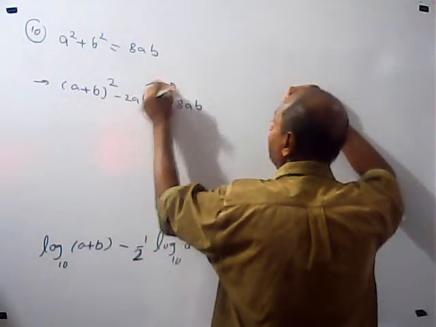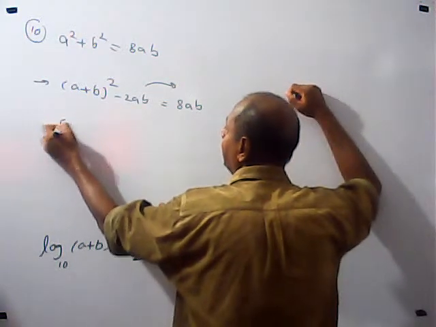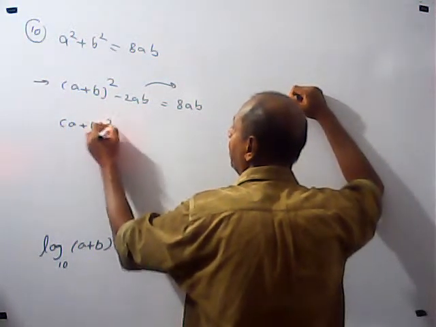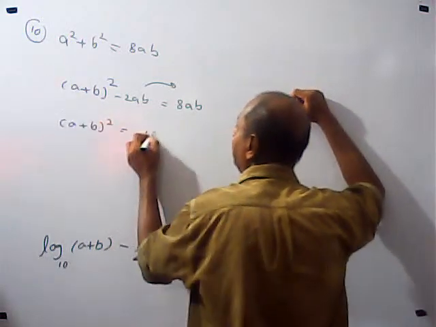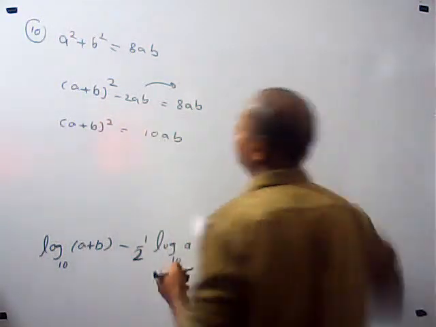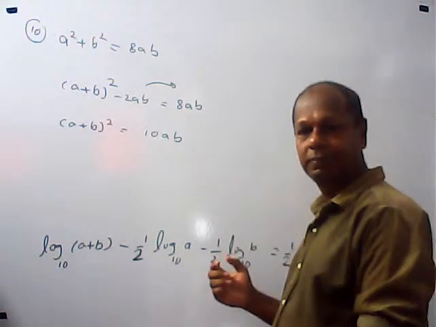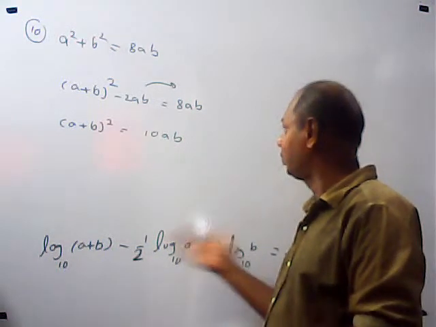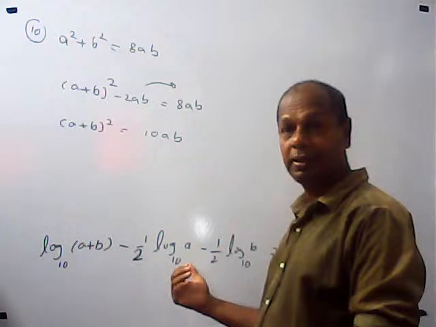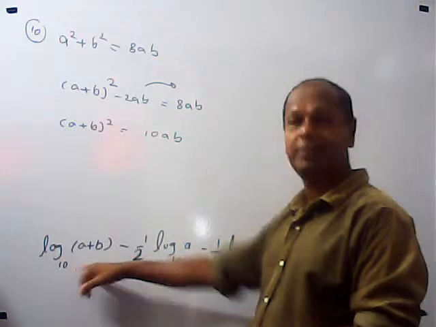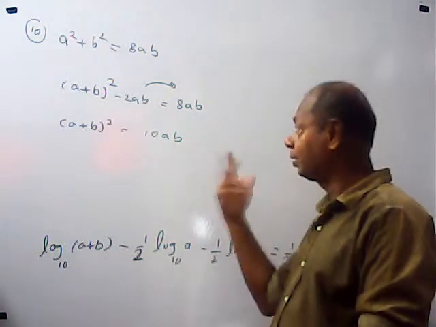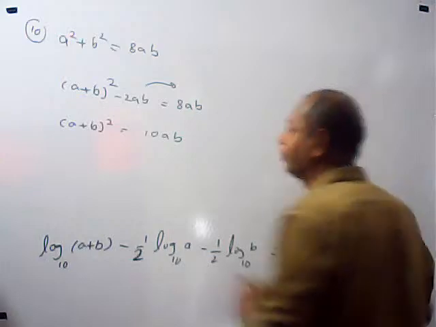Now take this to the other side, you get (a plus b) squared equals 10ab. Now we have to take log on either side, but to the base 10.